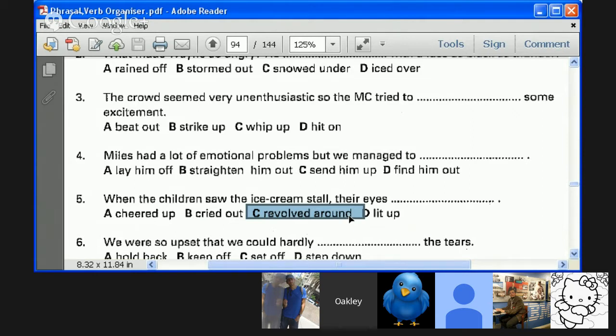She was so egotistical. She was so full of herself that she believed the world revolved around her. All right, revolved around means something is the center of everything. Our whole business revolves around sales of rice. Okay, we sell other things, maybe we do other things, but our main business, our success or failure depends on rice. So our business revolves around rice. Great, everything is centered on that.